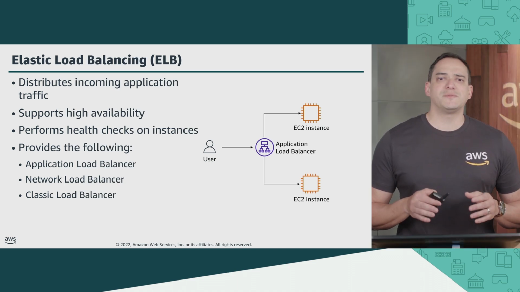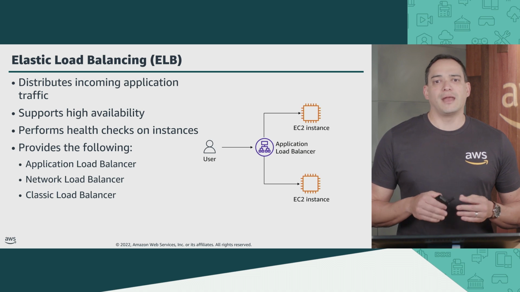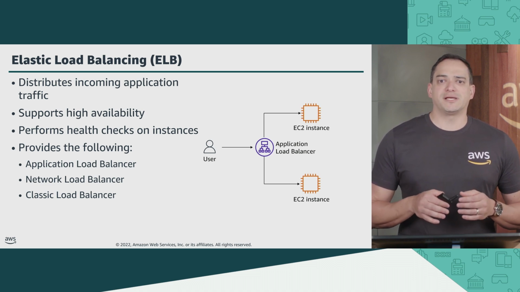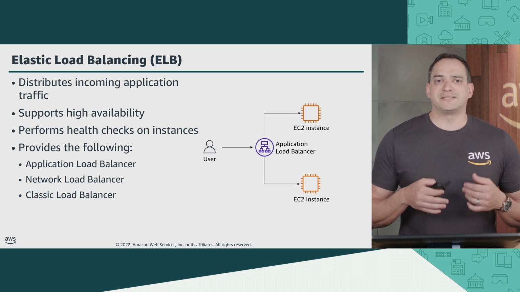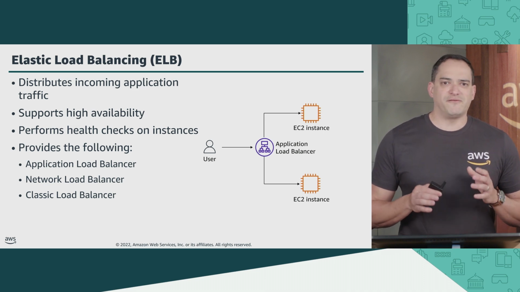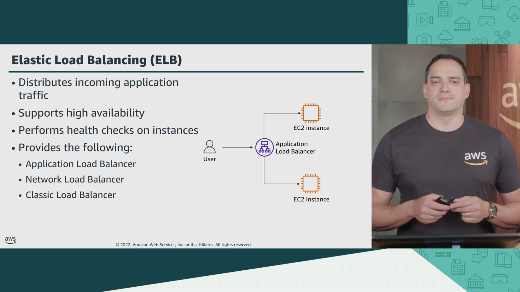ELB supports three types of load balancers: application, network, and classic. An application load balancer operates at the request level and routes traffic to targets such as EC2 instances, containers, IP addresses, and AWS Lambda functions based on the content of the request. It's ideal for advanced load balancing of HTTP and HTTPS traffic.